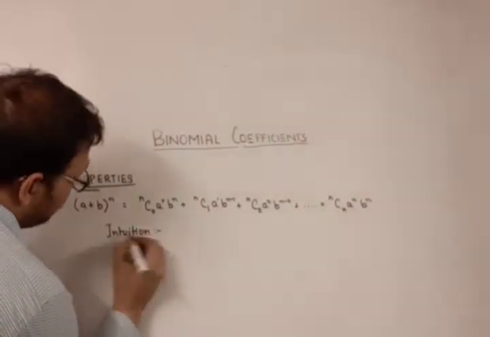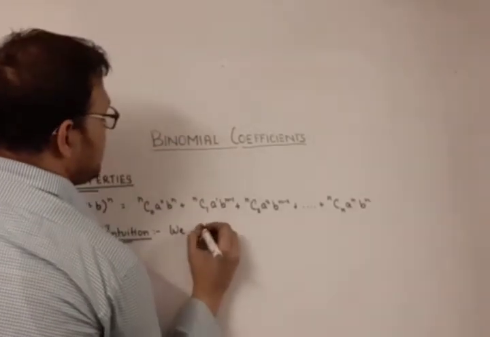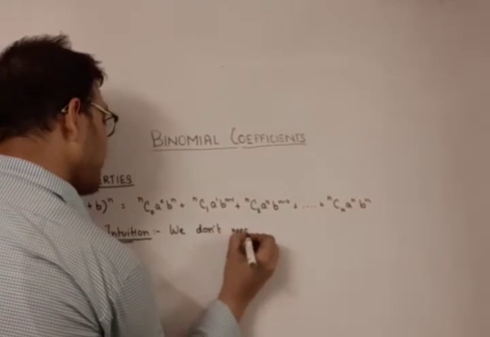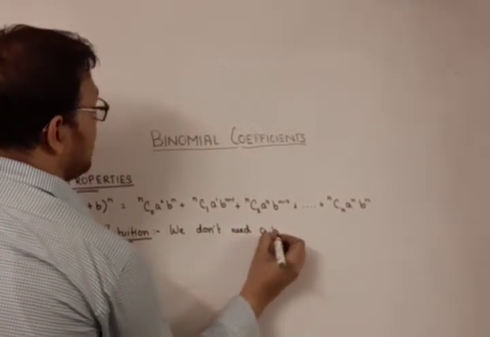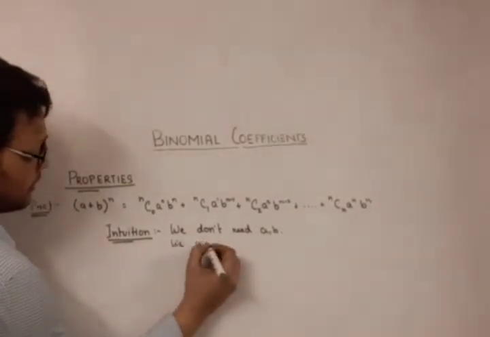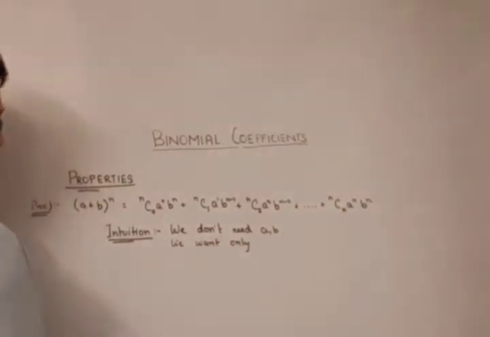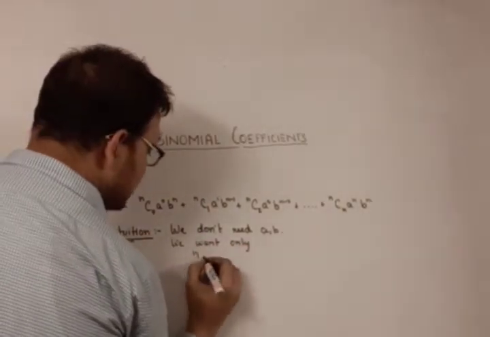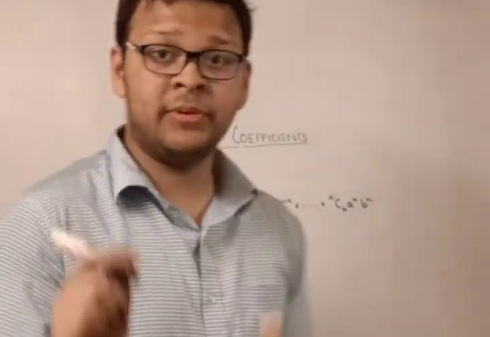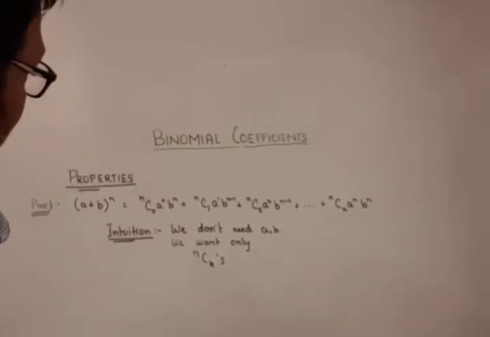The intuition was, we don't need a and b, because we want only nCk's.